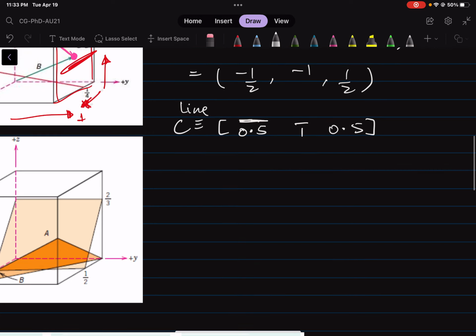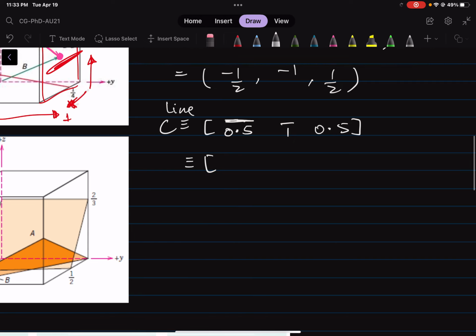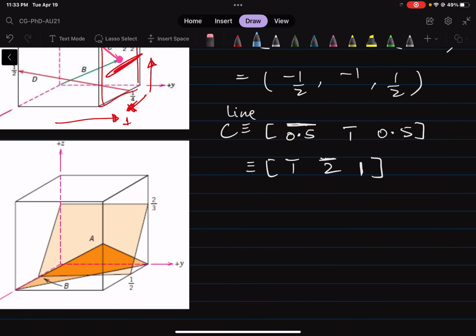And if you want to write it in reduced integer form, you could also write this as bar 1, 2, or bar 2, and then 1. Both should be correct. Generally, writing it in integer form is easier to perceive and understand.